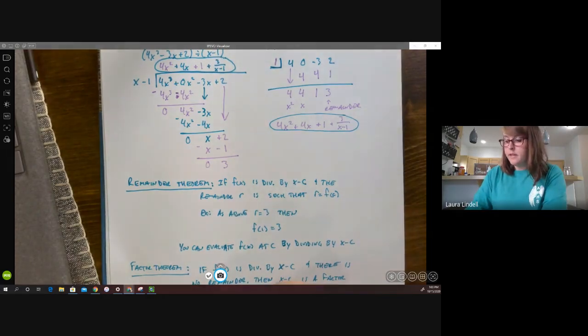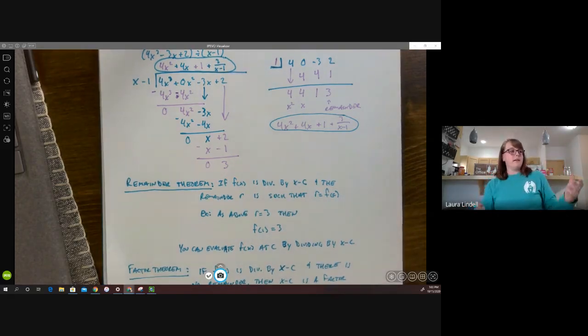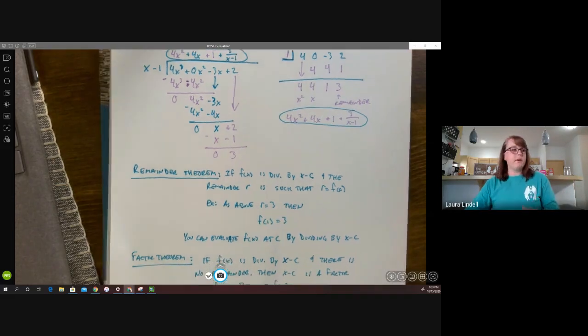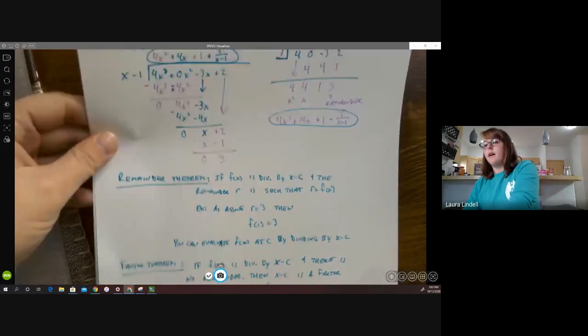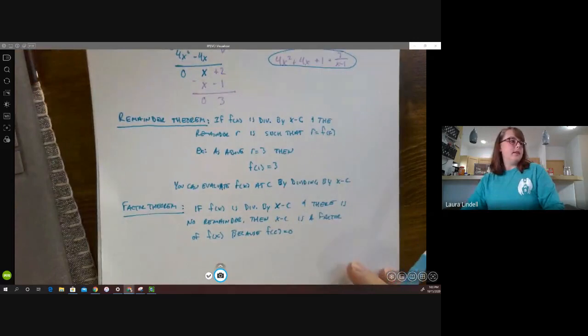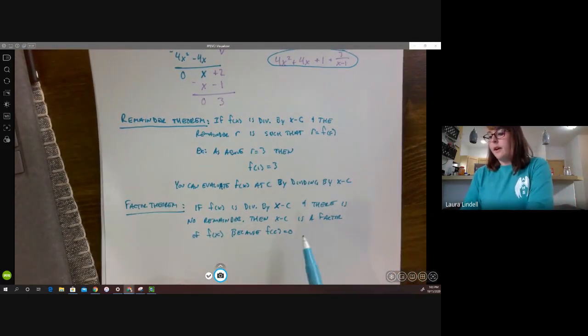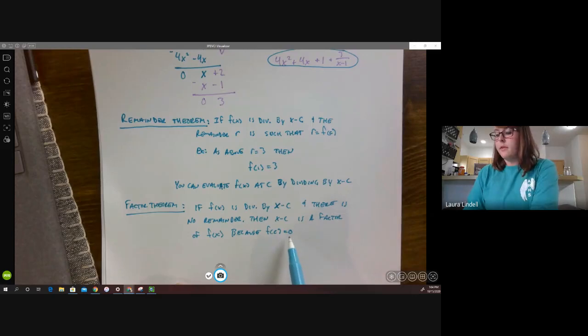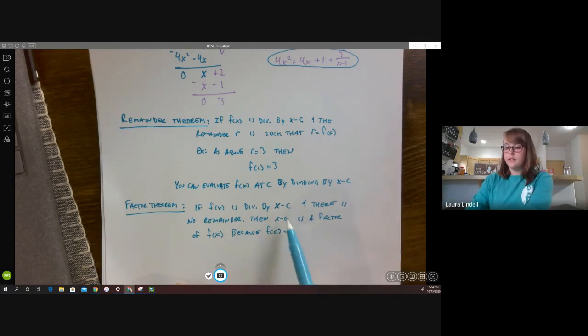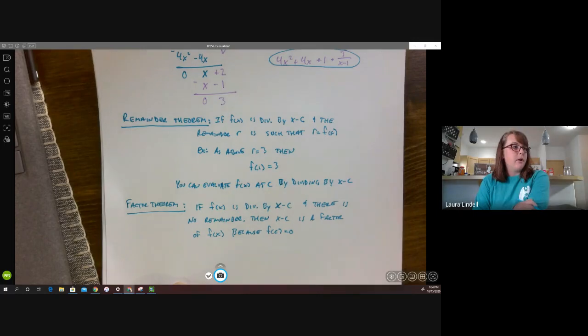And that's because f of c then would be 0. So this is kind of a corollary almost to the remainder theorem. This is something that follows from the remainder theorem. If the remainder is 0, then that would tell you that f of c is 0. So c is a 0 of the function, which tells you that this x minus c is a factor of your polynomial.